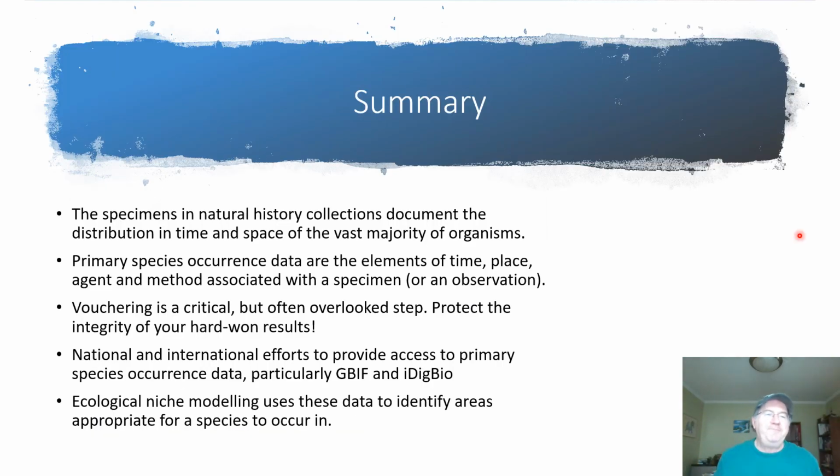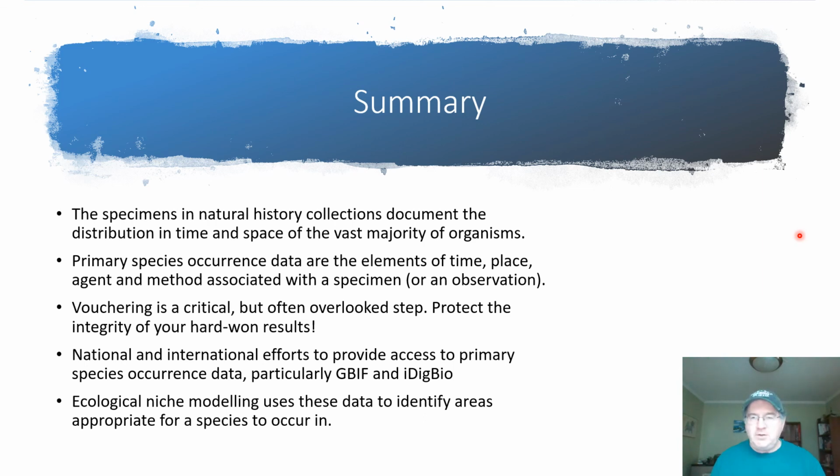So, quick summary. I believe it's extremely important to recognize that the specimens in natural history collections collectively document the distribution, in time and space, of most of the organisms of the planet, most of the things that we share the Earth with. What we know about where and when they occur comes from specimens in natural history collections. So these collections are important to us.